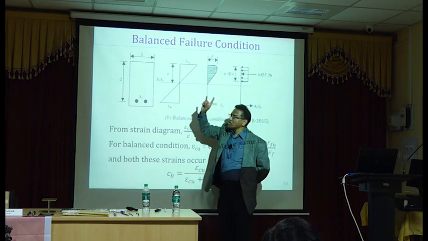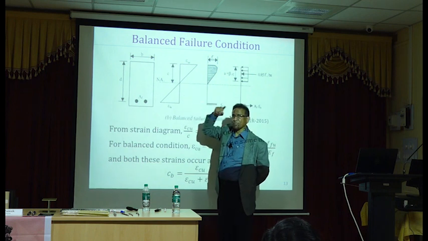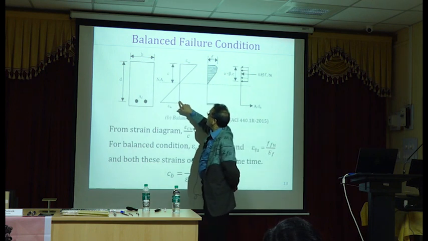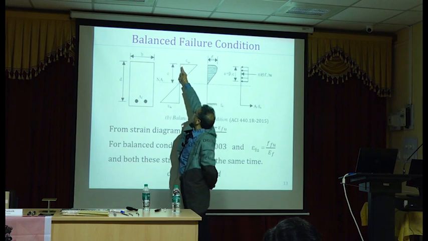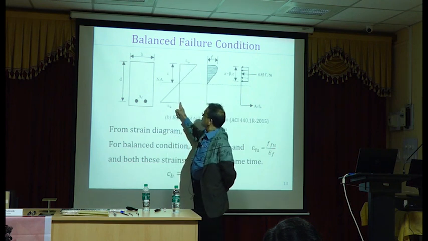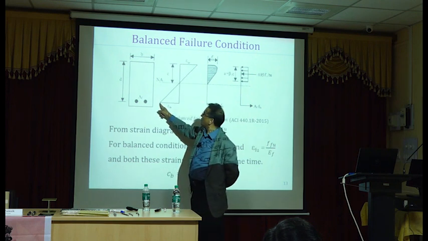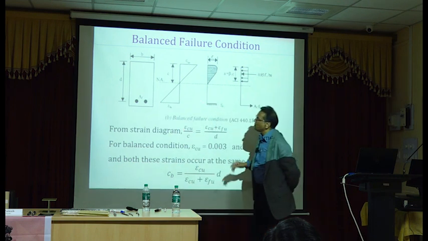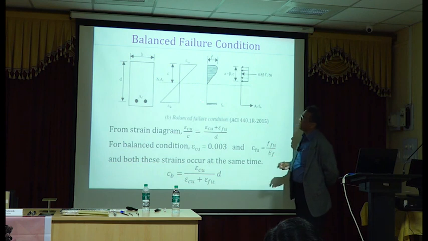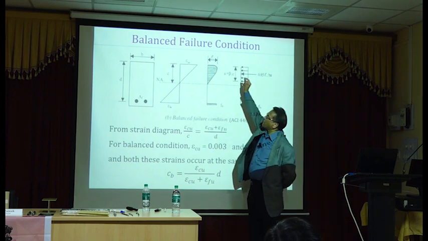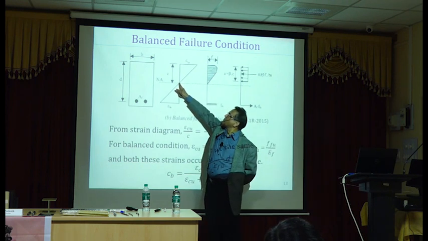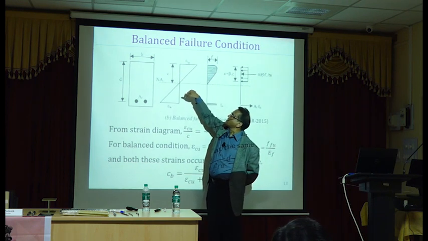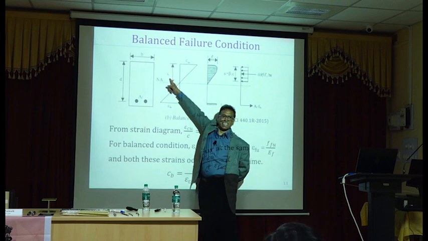So first thing you will do is draw a strain diagram. And the strain diagram for a balanced condition will have strain of 0.003 here, and epsilon FU here. Epsilon FU is based on the actual material property of FRP. So you draw a straight line, and that will intersect this vertical line somewhere. And just by similar triangles you can find out c.